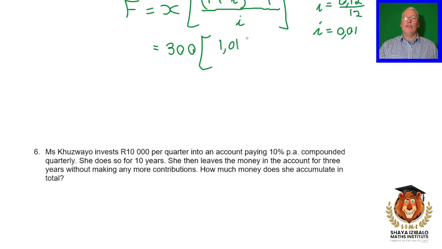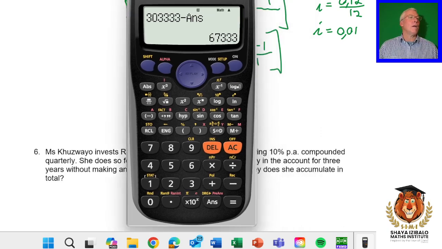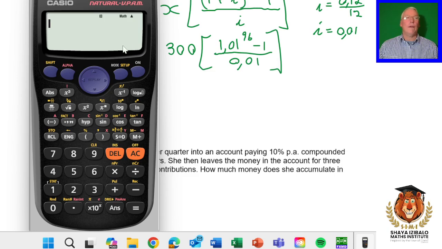301,01, 8 years times 12, 8 times 12, 96 payments over 0,01. Okay, let's work that out. $300.